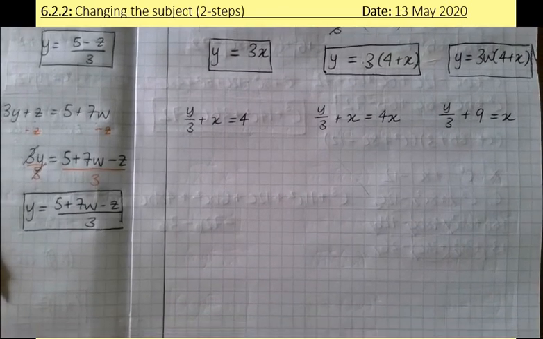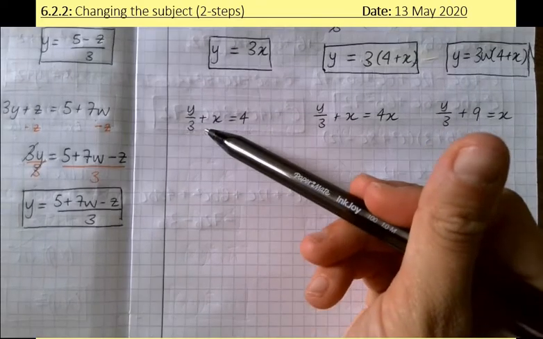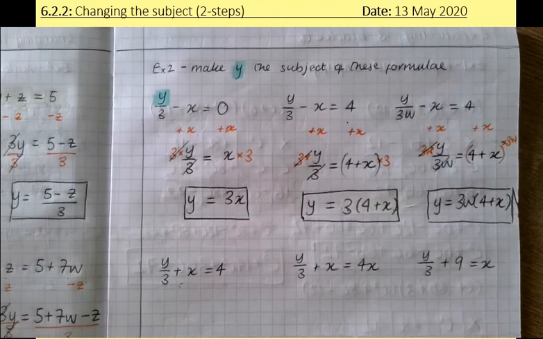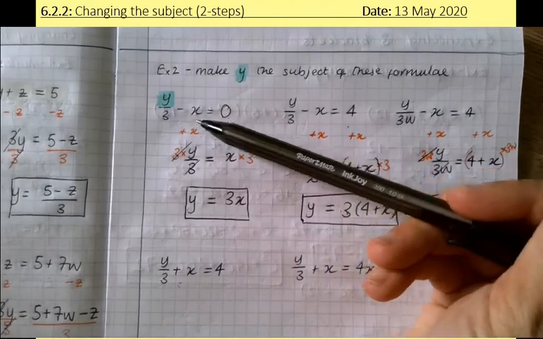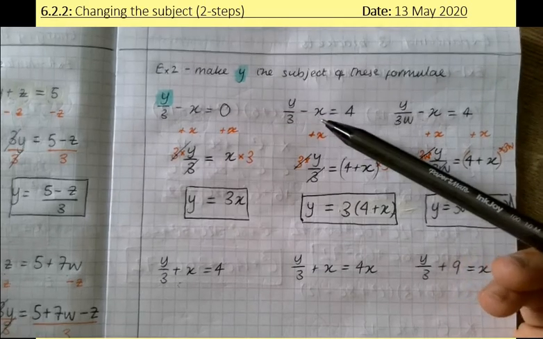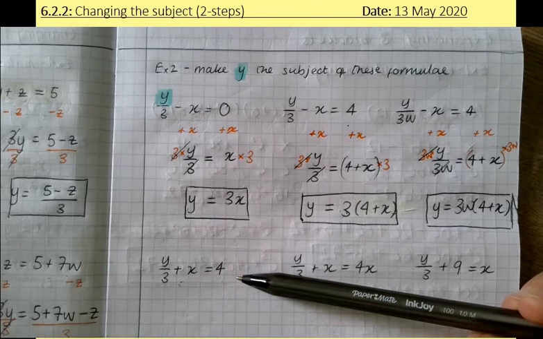So here we have y over 3 plus x equals 4. Now this is very, very similar to the first example where we had y over 3 take away x, or even actually number 2, y over 3 take away x equals 4. Now we have y over 3 plus x equals 4.